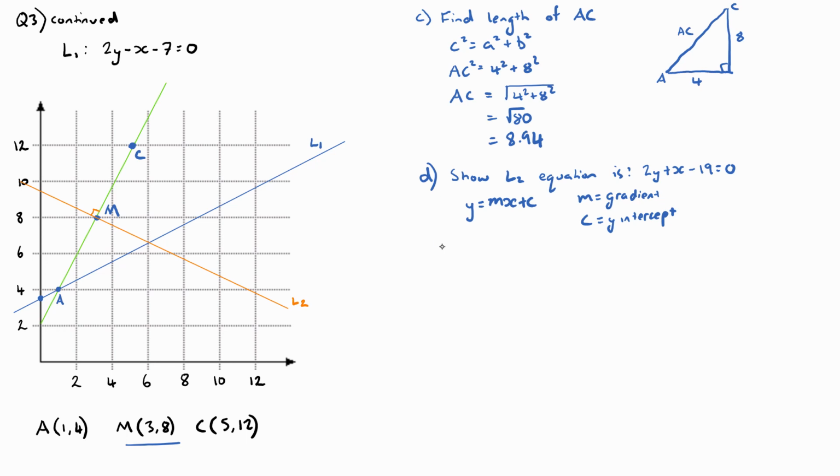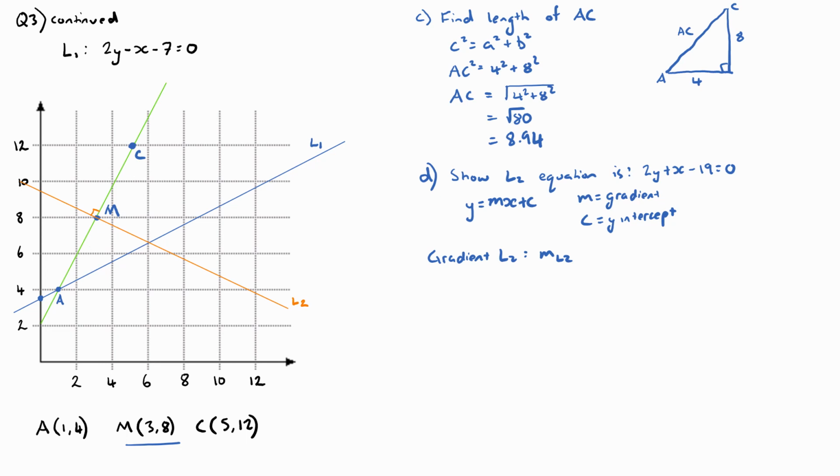Okay, I'm going to have a look at the gradient first. I'll call the gradient of L2 ML2, because the letter for gradient is m. Now, I know that it's perpendicular to the line AC.